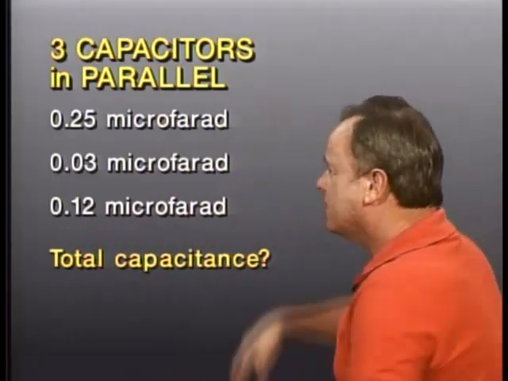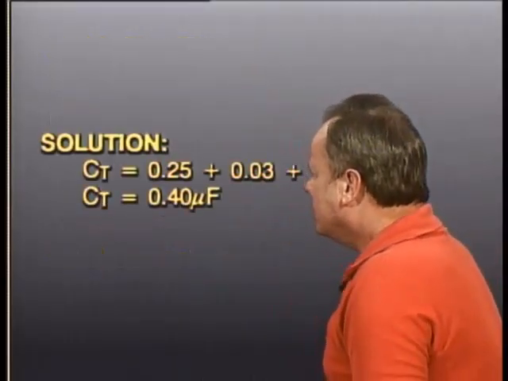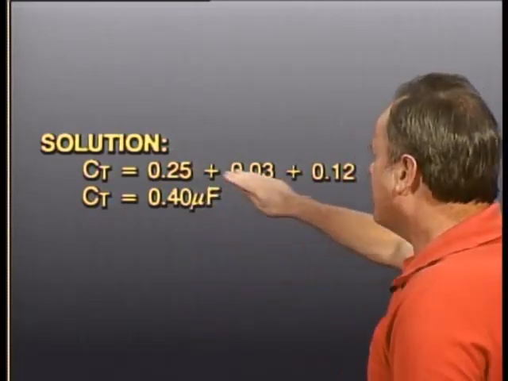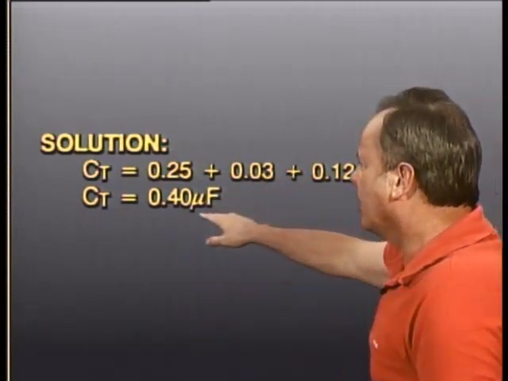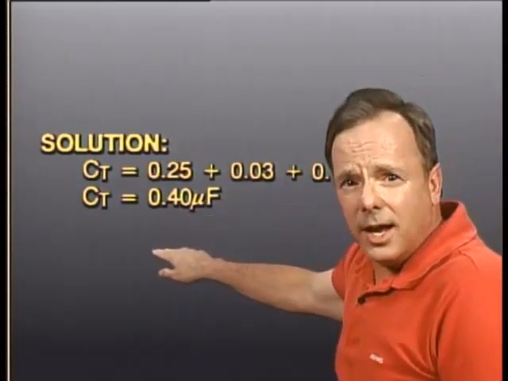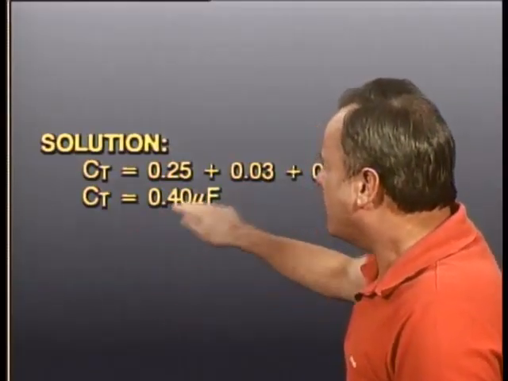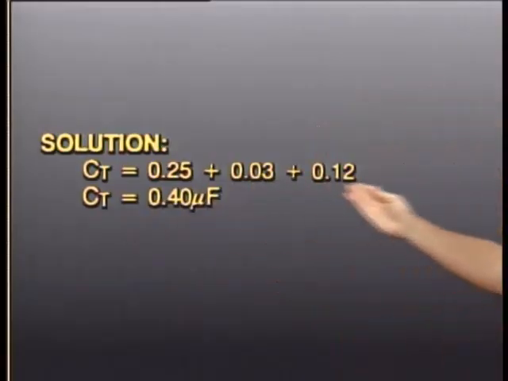What's the total capacitance? Well, this is easy. Even I can do this. You just simply add them up. So the total capacitance is the sum of all of them. You do that with your electronic calculator, and you get 0.40 microfarad. Now, once again, you don't need to memorize these formulas. They will give them to you. But for capacitors in parallel, just add them up like that.